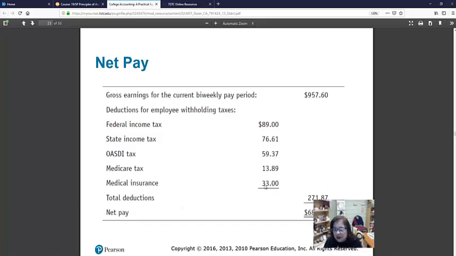So her total deductions were $271.87. So when all of these deductions are taken out, then her net pay, her livable pay, which is how much she's got to live on, is $685.73. Well, actually, this is biweekly. So this is what she gets paid every 2 weeks. So this is how much money she is coming home with.